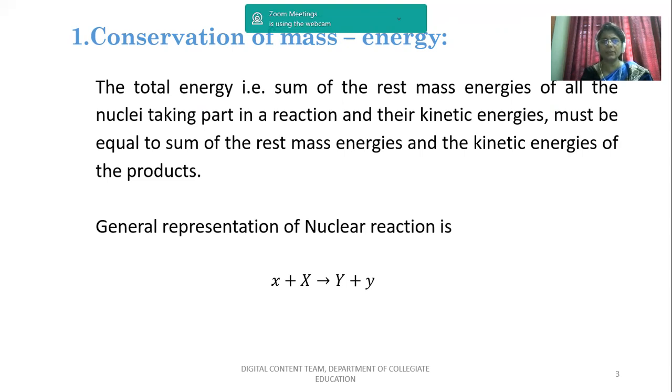Total energy is nothing but the sum of the rest mass energy and the kinetic energies of the respective elements taking part in the reaction. That should be considered on the product side and the reactant side separately, and they should be equal to one another to validate the law of conservation of mass energy.